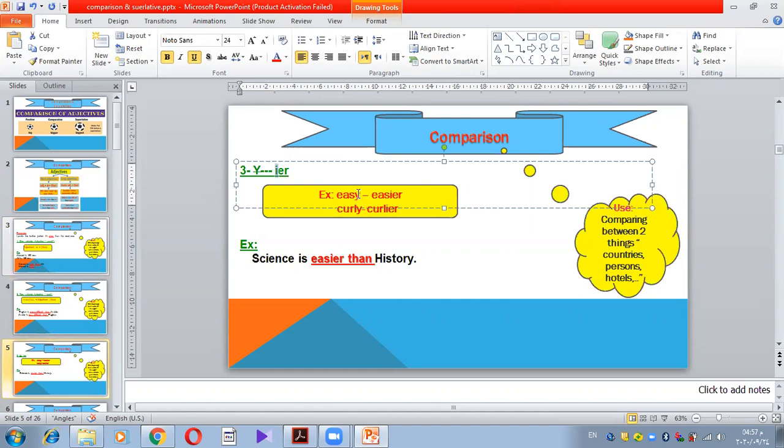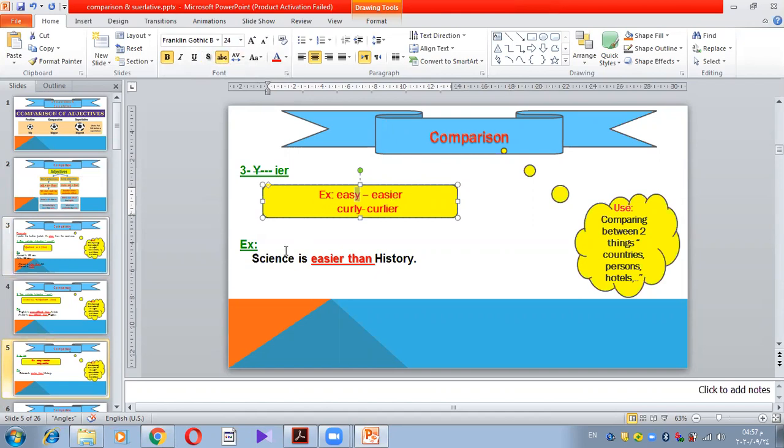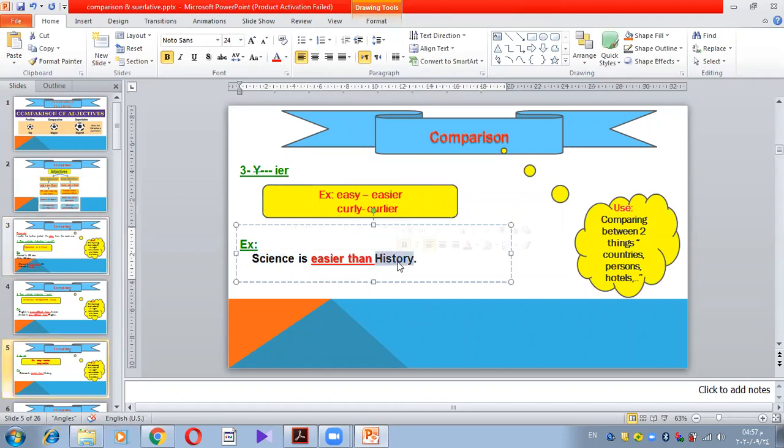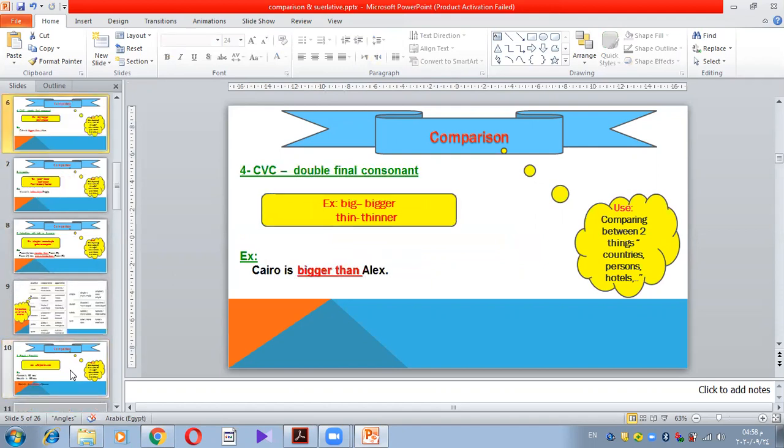We removed the Y and replaced it with I. If I have two things here, science and history, two subjects, comparing between two, science is easier. You see easier: you change the Y and then add ER. Science is easier than history. Why did I add than? Because I have history in this case. Very simple and very easy rule.